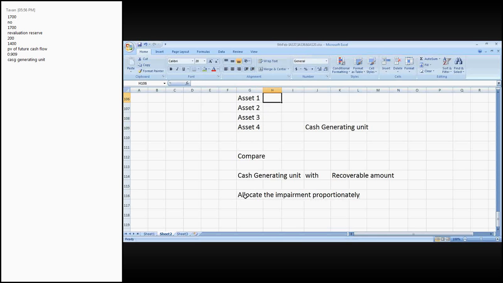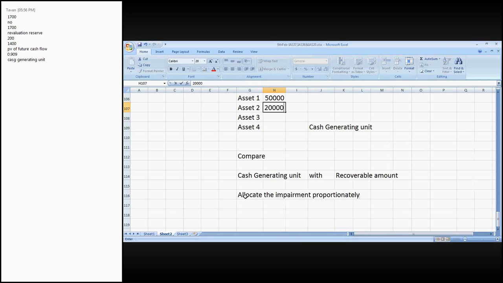Suppose this asset is worth 50,000, this asset is worth 20,000, this asset is worth 30,000, and this asset is worth 40,000.